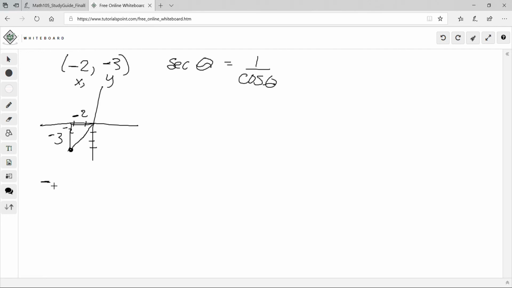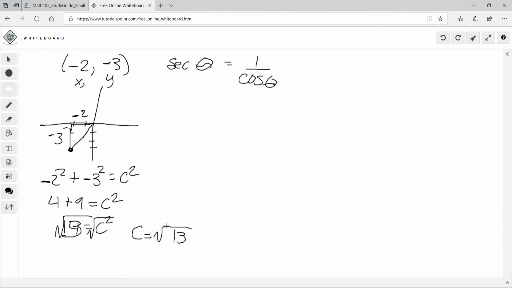So we can do -2 squared plus -3 squared equals c squared. So that's 4 plus 9 equals c squared. 9 plus 4 is 13. Oh, this is not 14, this should be 13. Take the square root of both sides. So c is square root of 13.